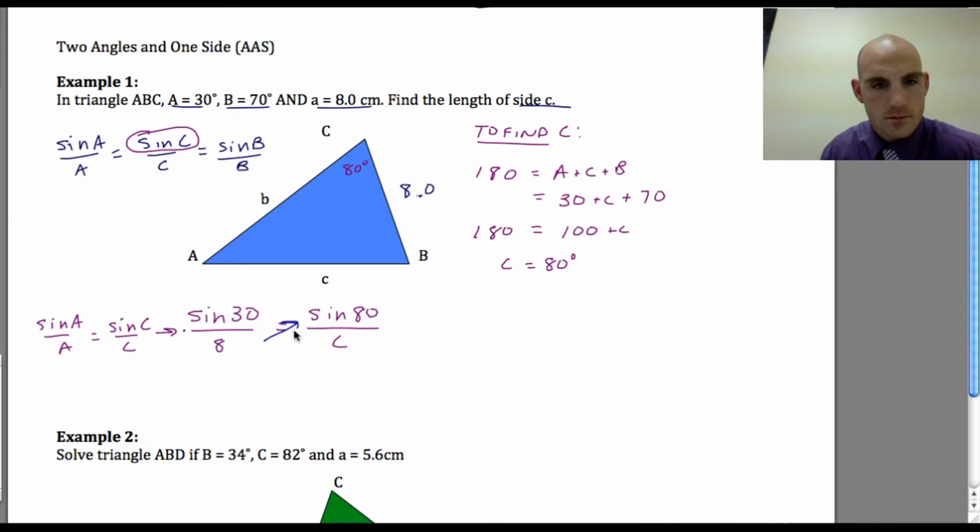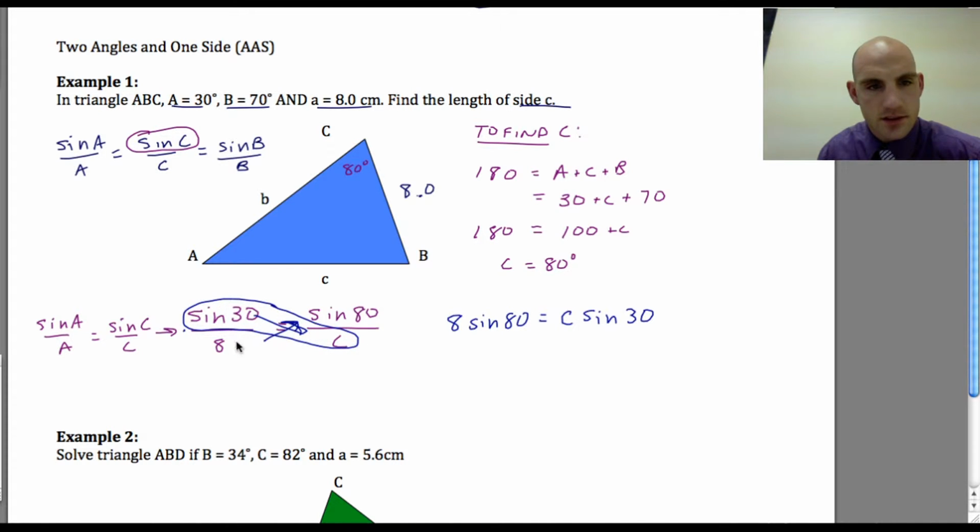So 8 sine 80 is equal to C sine 30. Do you see where I got that? It's this butterfly effect, as it has been called, or many other things, to solve for ratios. So I have sine of 80 times 8 is equal to C times sine of 30. And I'm simply dividing now.